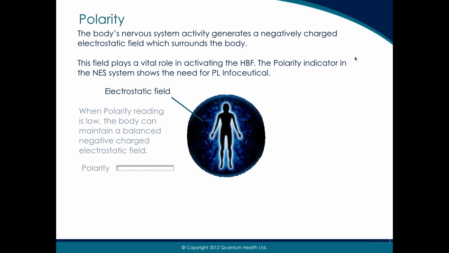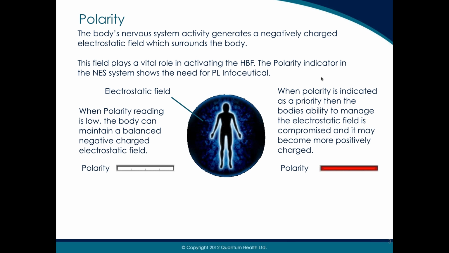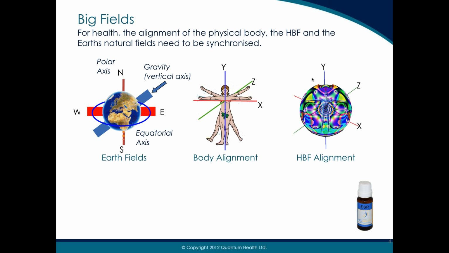We have this field. So when there is no priority, the field of the polarity is white. Then it's very low. When it's red, then there is a high priority, and our body becomes more positively charged. That's what we saw in the scan.